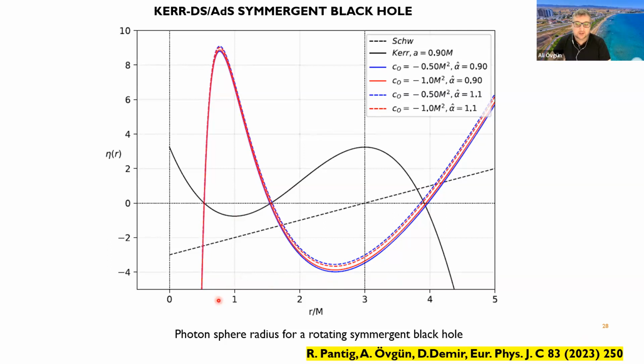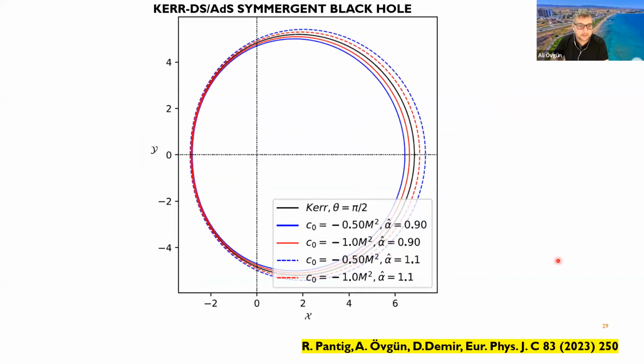As you would expect, in the Schwarzschild case the photon sphere is at 3m, but the Kerr case is different. For small r the difference is very small, but when r increases, the deviation is slightly different. So you can use it to guess the effect of the Symmergent parameters.